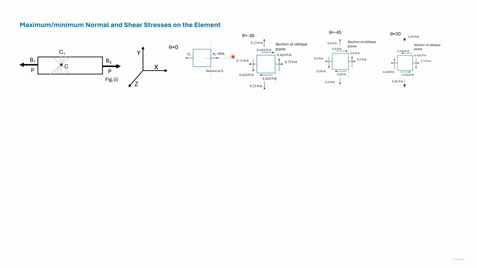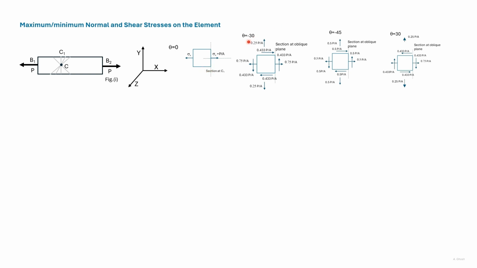For rotation by any other angle, we'll still find that this is the maximum normal stress and the sigma y here is the minimum normal stress. As we can see, there's no shear stress in this element.